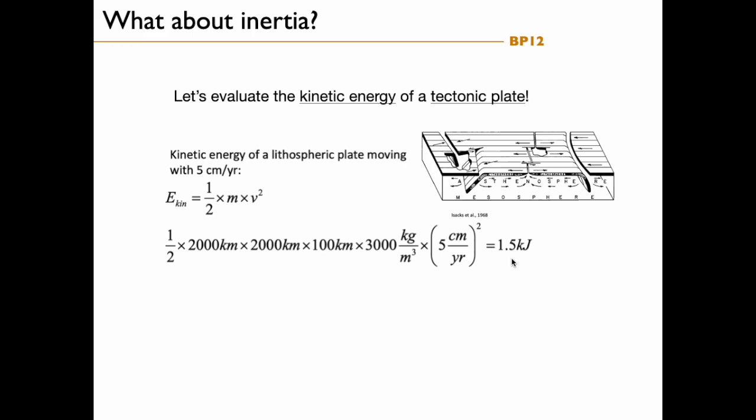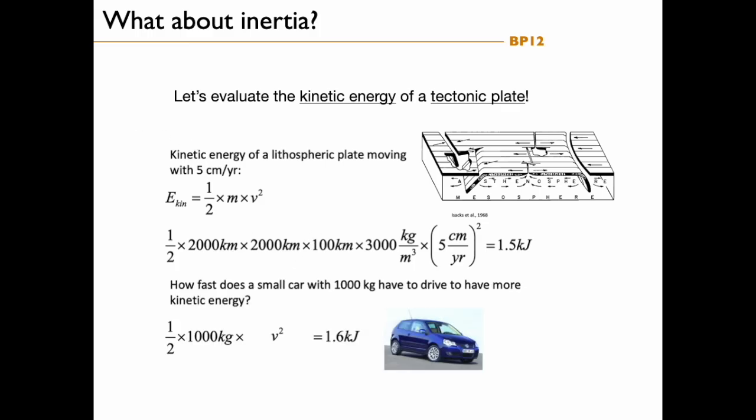So the question is, is this a relevant quantity? Is that a large magnitude? One can try to compare with a car, for example, and ask the question, how fast should a small car of 1 ton drive to reach the same kinetic energy as a lithospheric plate?